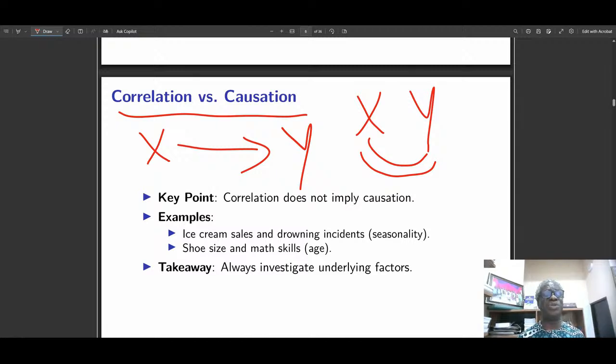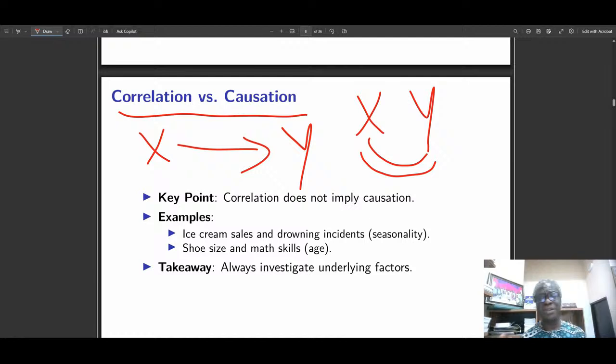But don't go on to say one is causing the other and vice versa. So take note of that. You need to do more to establish whether X is causing Y, whether performance in physics is as a result of the performance in mathematics.